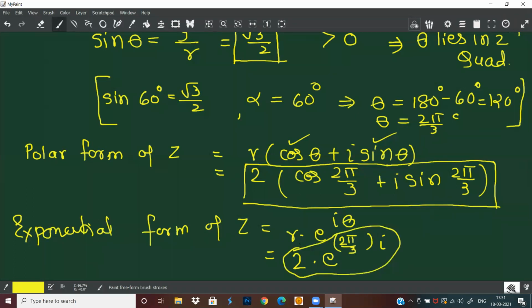Understood? All of you. Sorry, minus e. No, no, no. It is e raised to i theta. Got it?